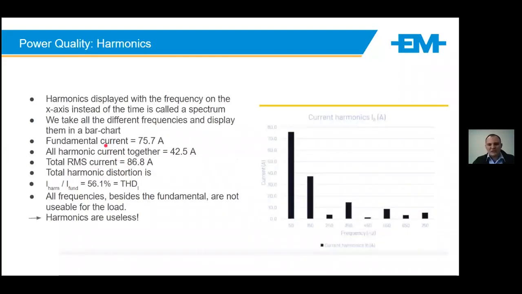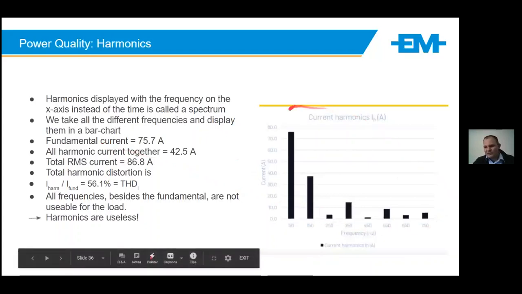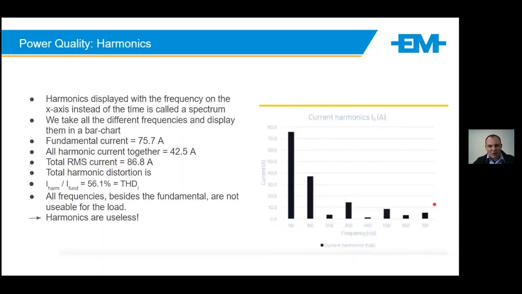Harmonics displayed with the frequency on the x-axis instead of time are called, in this case, a spectrum. When you look at your power quality analyzer, it can output hopefully something similar to this at a specific point in time, at a specific load.